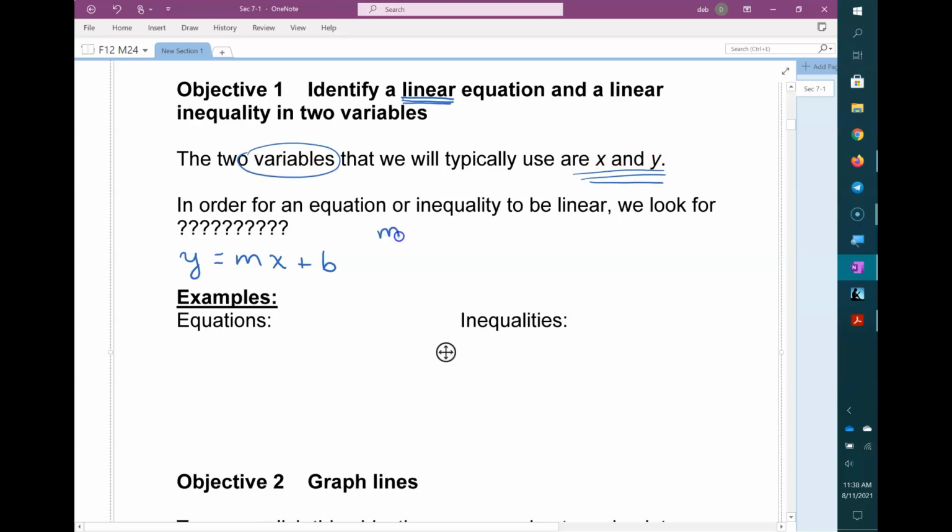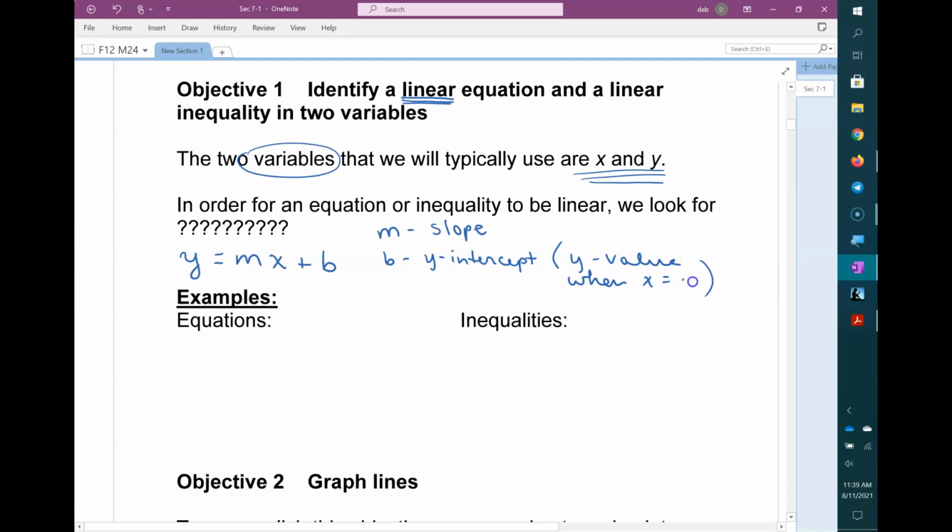Then the m, recall, is the slope. For a particular situation, that's going to be a number. It's a letter here because we're talking about all the linear equations in the world. And then b, recall, is your y-intercept. That's the y value when x equals 0.